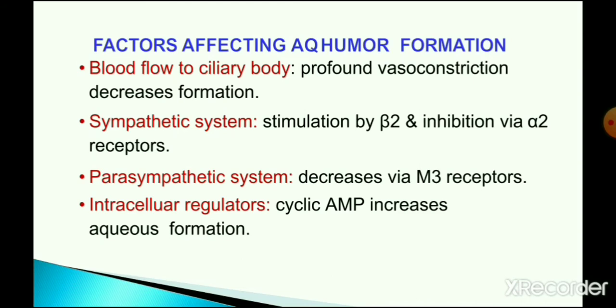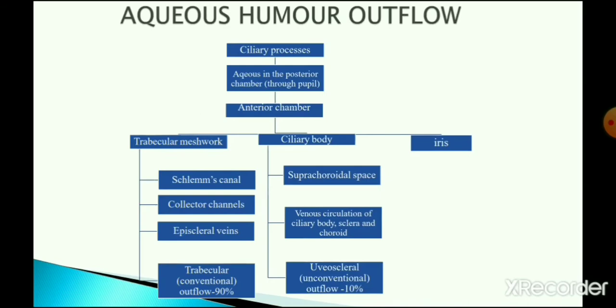Sympathetic system stimulation via beta 2 receptors increases formation, and inhibition occurs via alpha 2 receptors. The parasympathetic system decreases formation via M3 receptors, and intracellular regulators like cyclic AMP increase aqueous formation. So the cyclic AMP cascade increases aqueous secretion.